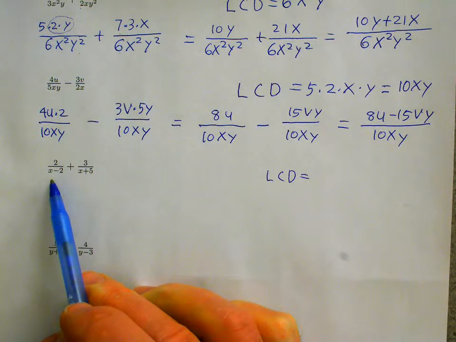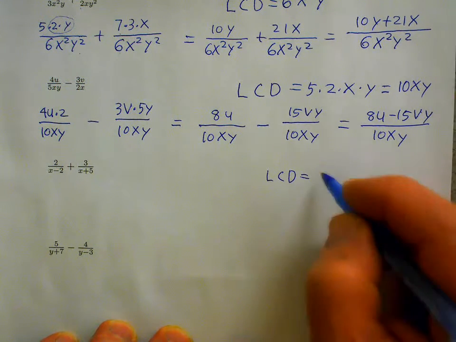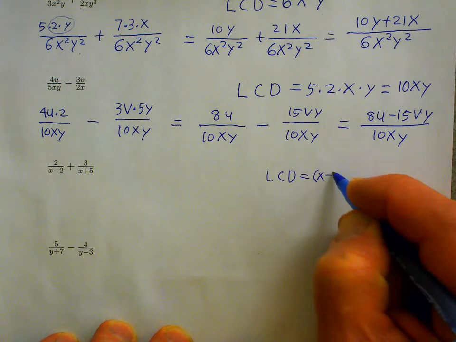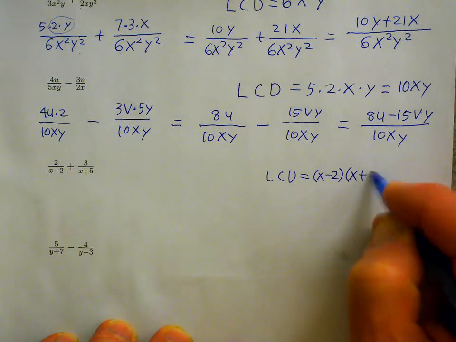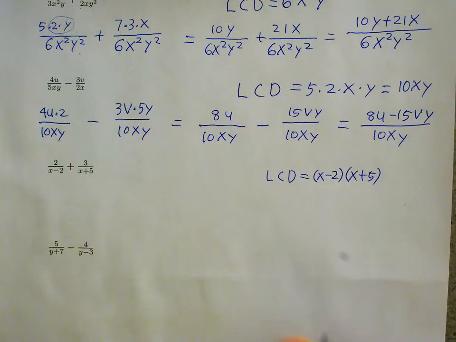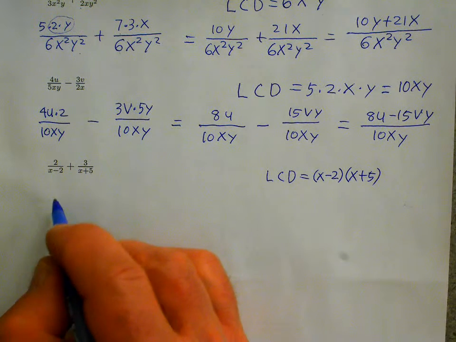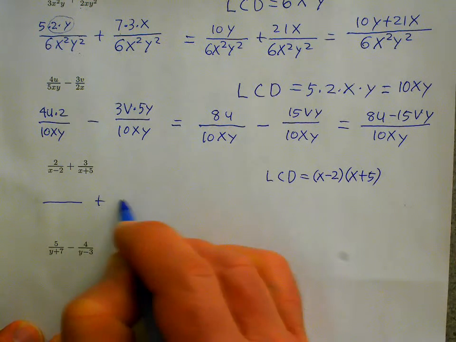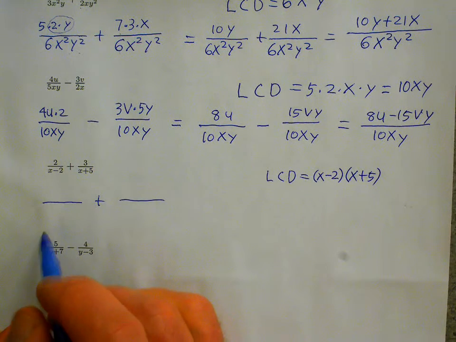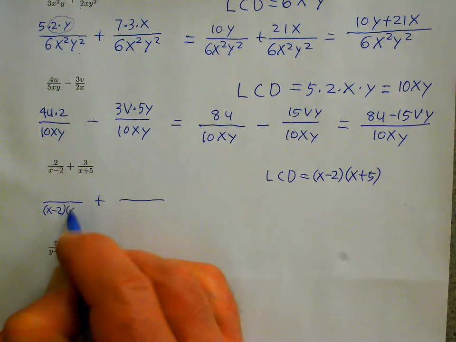Well, these are binomial factors, so the least common denominator is the binomial x minus 2 times the binomial x plus 5. Okay, so we'll write those with the common denominator, x minus 2 times x plus 5.